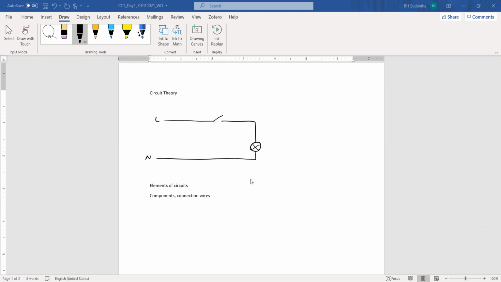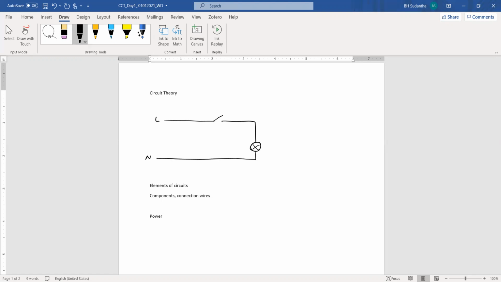Okay, when you connect all these things, the circuit is completed, but the circuit is not working until you give power. The main elements of circuits may be the components and the connection wires, but until you give power to the circuit, it is not working. If you give power, then only circuits can work.